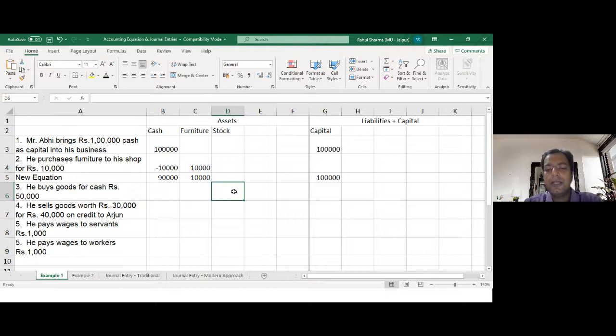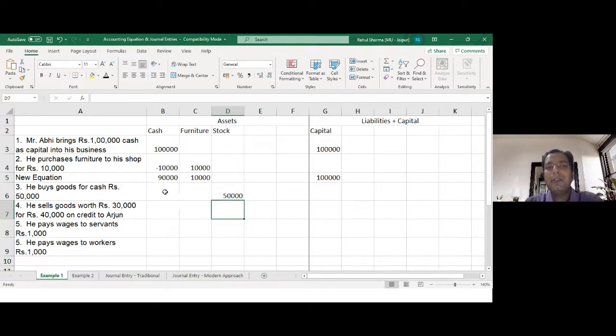Similarly as we did for furniture, please keep in mind, when we bought furniture, furniture increased, cash decreased. When we are going for stock, my stock will increase because my business is gaining that stock. And what will decrease is my cash.